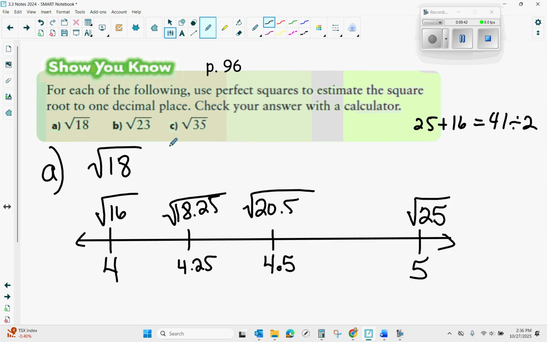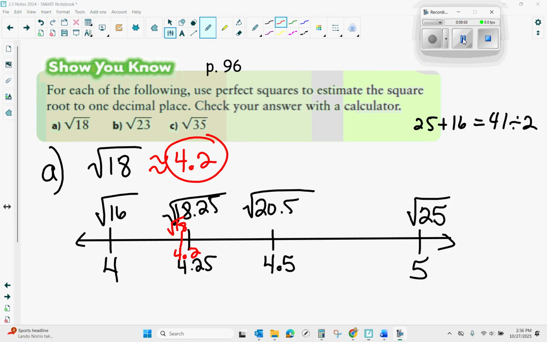I know the square root of 18 is a little bit less than the square root of 18.25, so I'm going to guess 4.2. Make sure your estimate is shown on the number line. Make sure it's circled and obvious. Then we're going to check with the calculator.